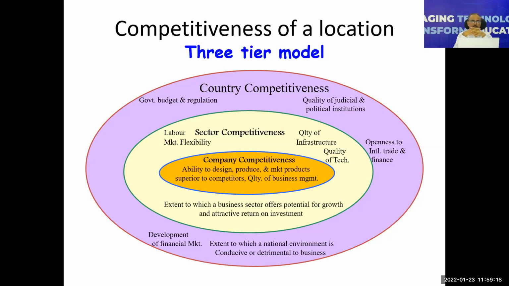So whenever any multinational company looks at setting up their operations and their facility, they will have to look at these three tiers. At first the country competitiveness, at the second the sectorial competitiveness, and at the third what kind of local facilities are available, so that will result in an effective operation of their business.